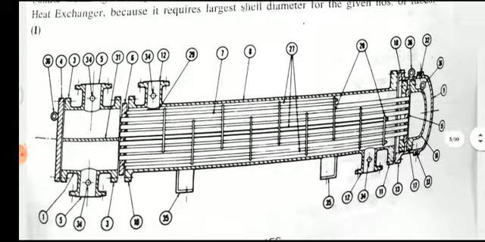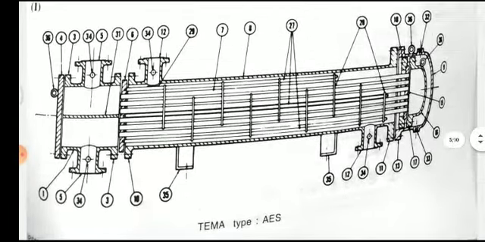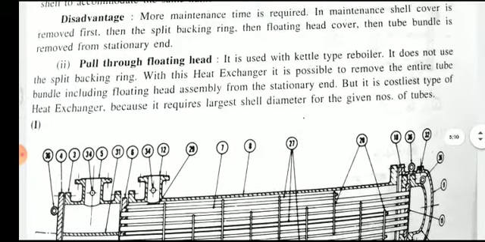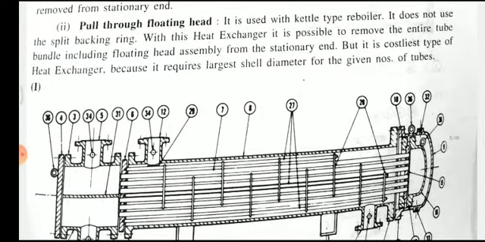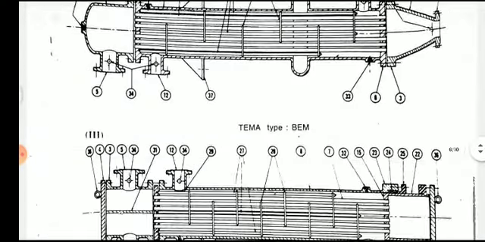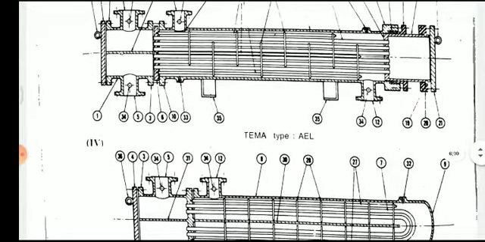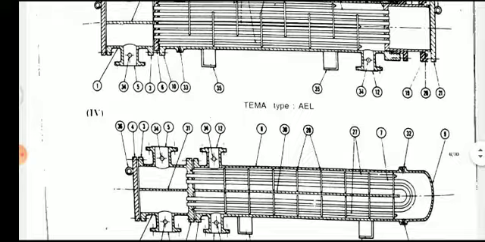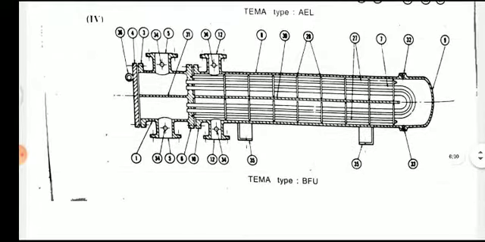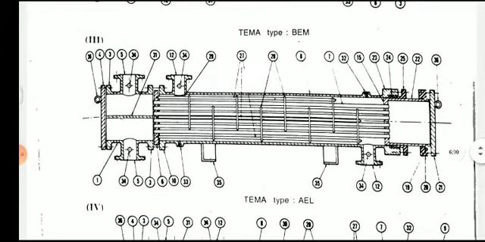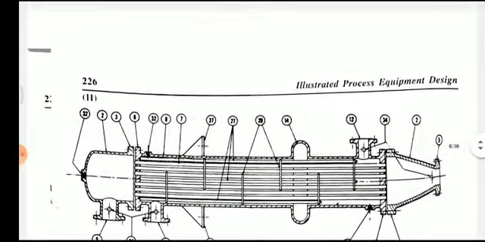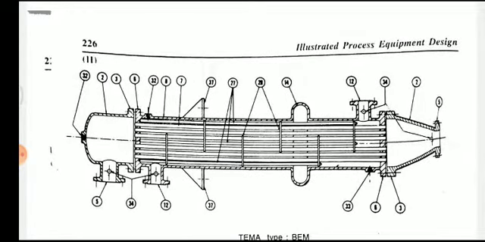Okay, so here the TEMA types of heat exchanger are given as the standard. This one is a BEM type. This one is TEMA type BEM, AEL, and BFU. This is a U-tube. In this one baffles are used, and this one is an expansion joint in this figure.